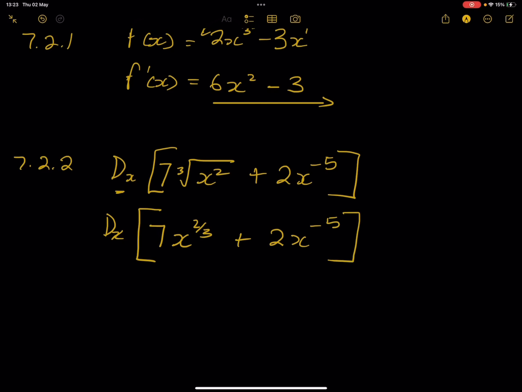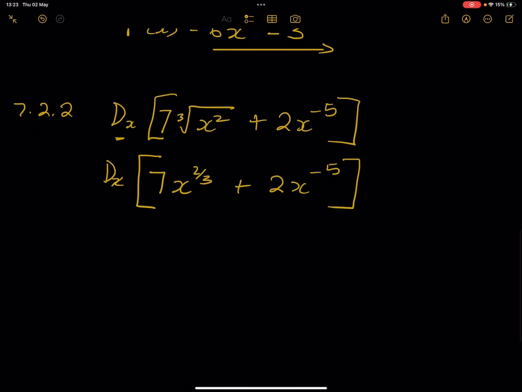Now we've got none of that, so we can find the derivative with respect to x, and what does that give us? It will give us 2 over 3 multiplied by x, multiplied by 7.